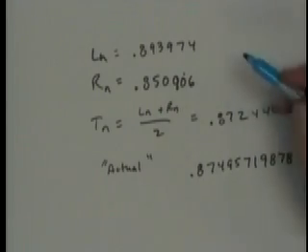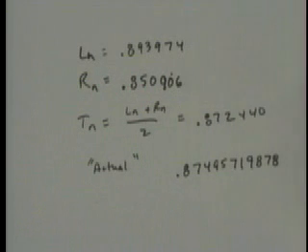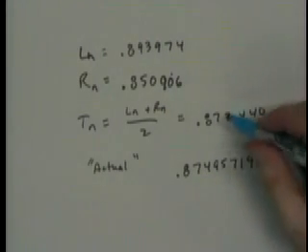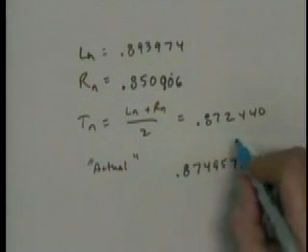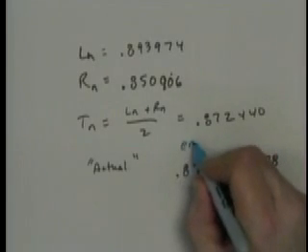Now you can see that my left-hand sum was too high, right-hand sum was too low. Trapezoid is a better estimate, but it's still a little low. And how accurate this is, the difference here is about 0.0025. We call that the error.